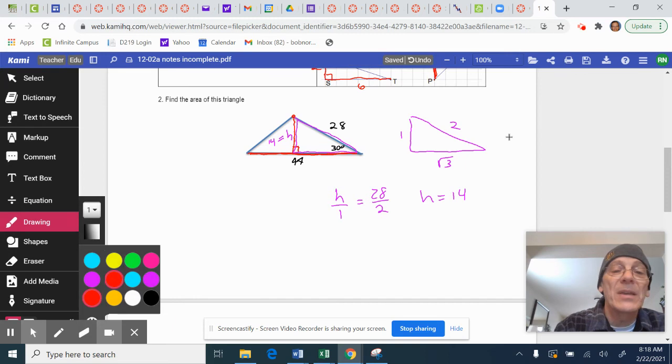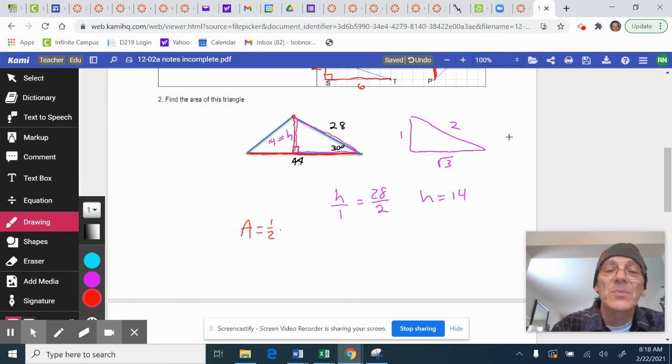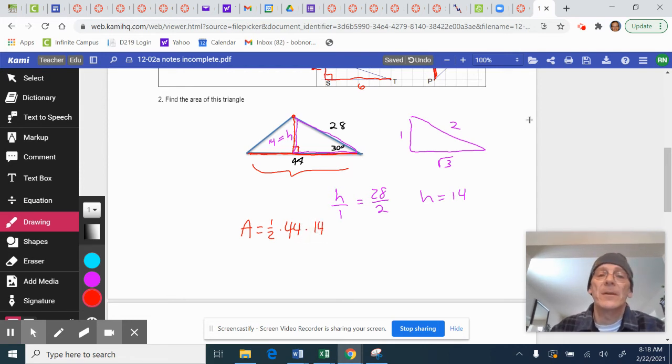Now I have a base and a height for this triangle. 1/2, because that's part of the formula. The base is 44. There it is. And the height that corresponds to that base is 14. 1/2 times 44 times 14, what's that? 44 times 7, which is 280, and 28, which is 308 square units.